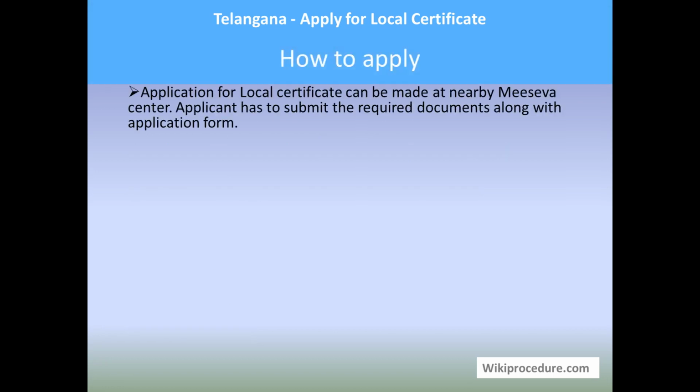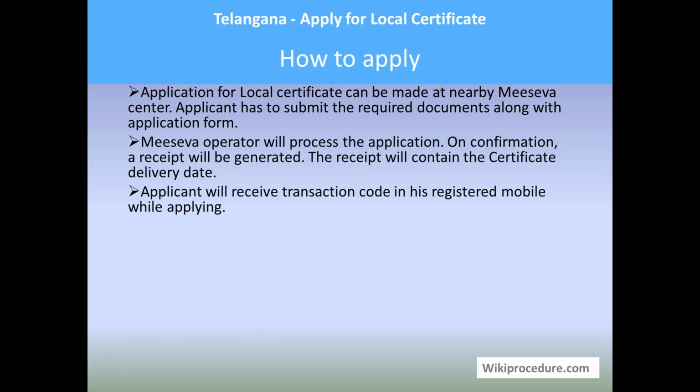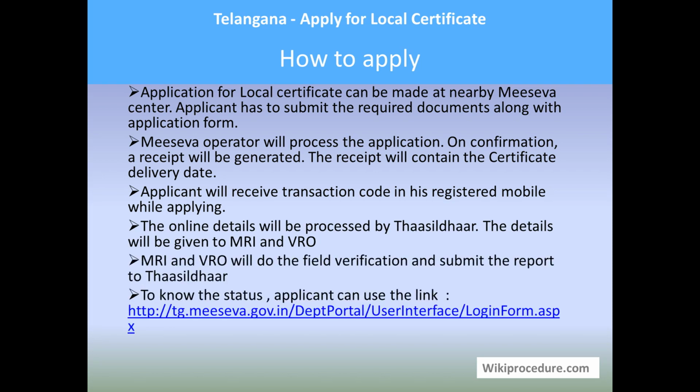And when we say how to apply for this procedure, the application for a local certificate can be made at nearby Mee Seva centers. These Mee Seva centers are nothing but service providing e-centers with computers and other digitizing facilities, where the clerk will be available to clear your doubts and to take all the inputs provided by you.